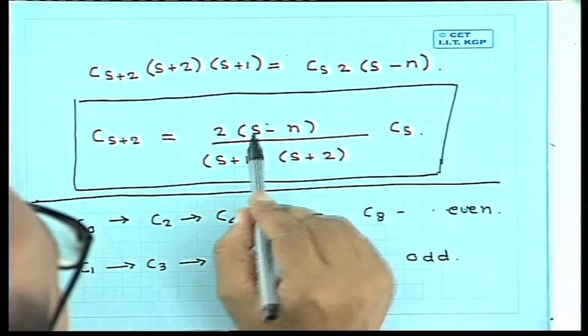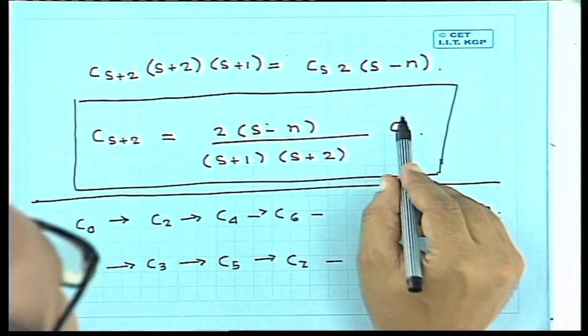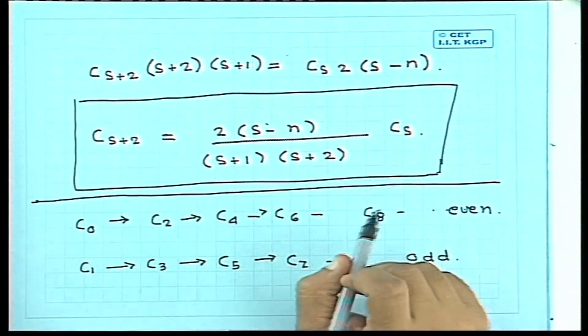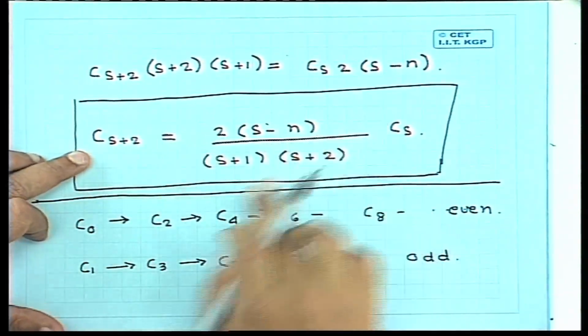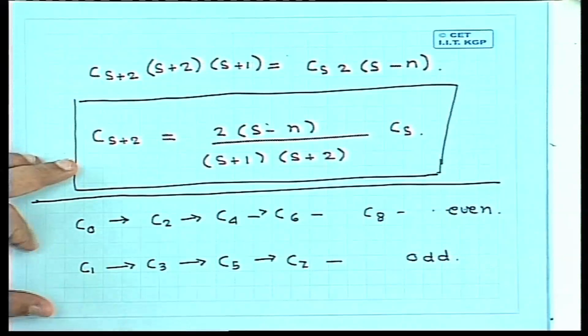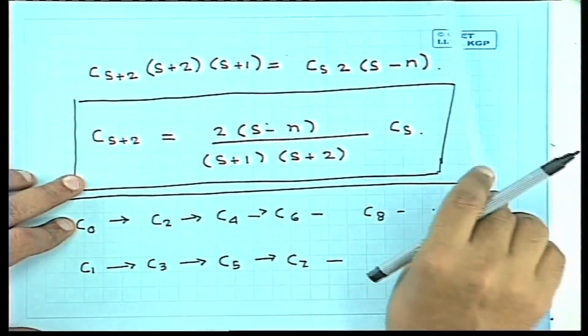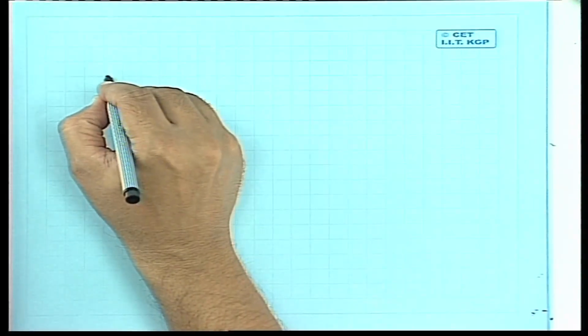So if n is 0, suppose we choose the value of C0 to be something arbitrary, and we want to use this to calculate C2.